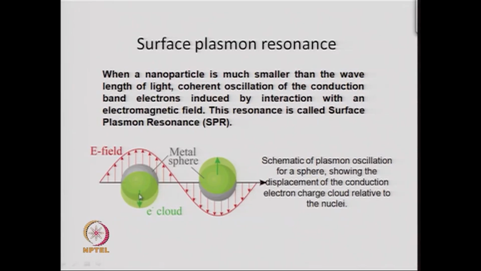This electron cloud can oscillate along with the electromagnetic radiation, which is light, if the particle size is much smaller than the wavelength of the incoming light beam. So, the wavelength of the incoming light beam is of this length, because one crest and one trough make the wavelength, and you see the particle is much smaller than the wavelength of the light coming.